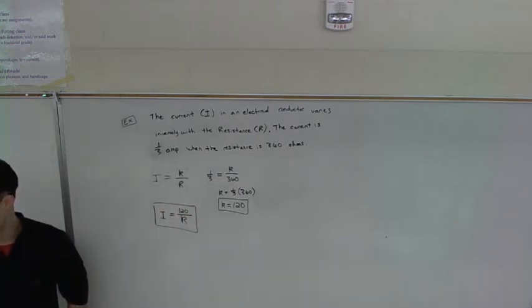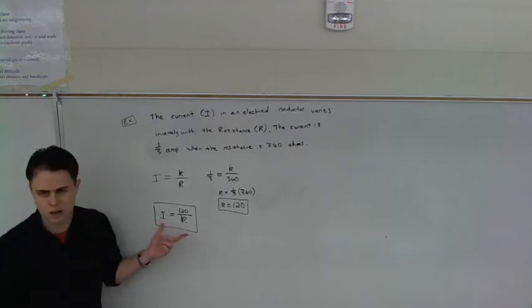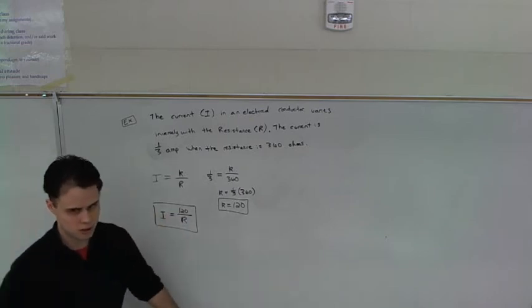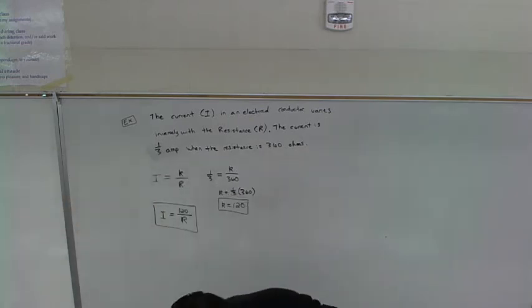So let's put that in our calculator and see what that looks like. Our calculator doesn't use I and R, right? So we're going to put Y equals 120 over X in there. So let's just see what that looks like in our calculator.